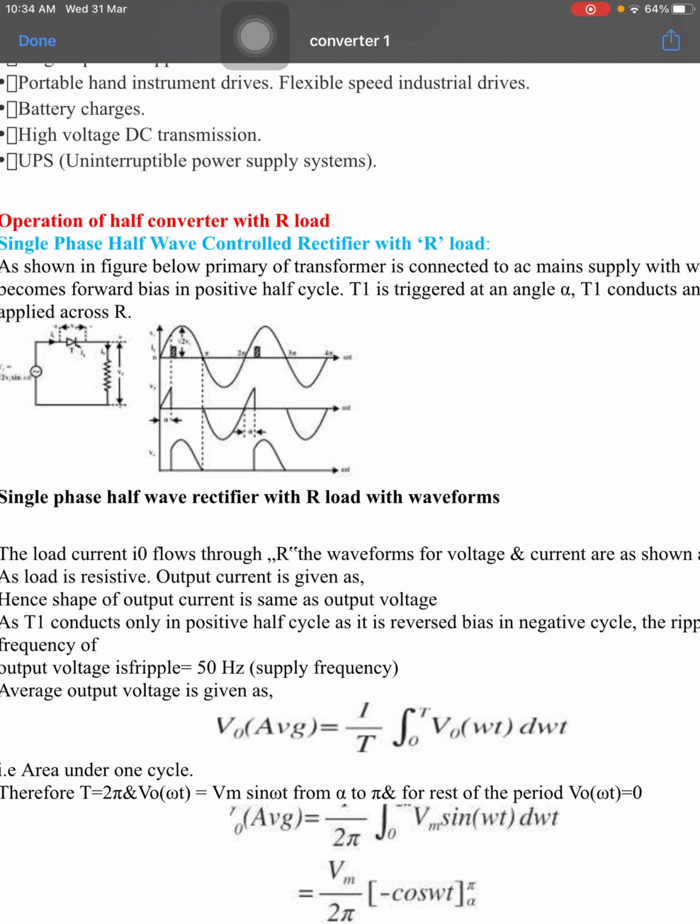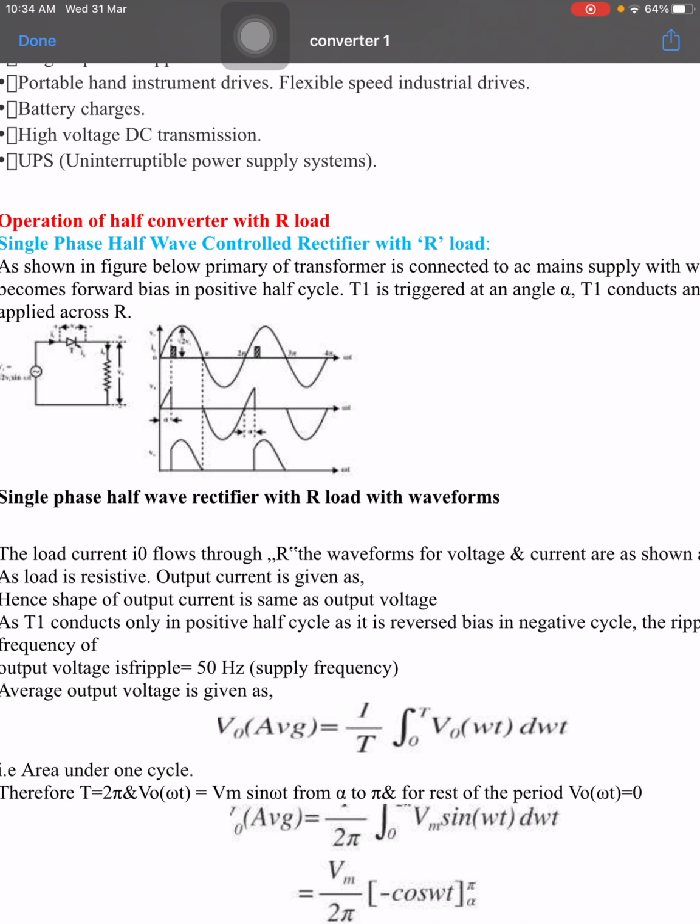That is the condition. What is the third diagram? The V0 diagram. So what is the output voltage? In the positive half cycle, the thyristor is on, and in the negative half cycle, the thyristor is off. So alpha is there, the firing angle. It does not start at the origin, but that is not an issue. We can start from the origin also, meaning we are considering alpha equal to 0.